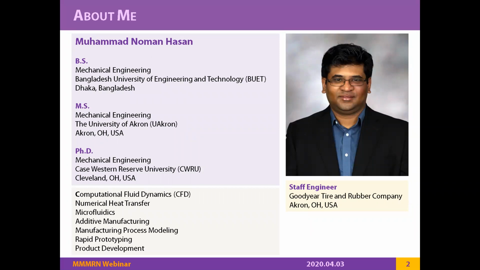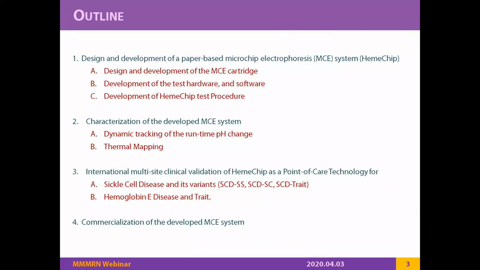So I'm going to talk about sickle cell disease, and I'm going to talk about a point of care technology to detect and identify sickle cell disease. So here's some background for that. We actually designed, developed, and validated a microchip electrophoresis system.